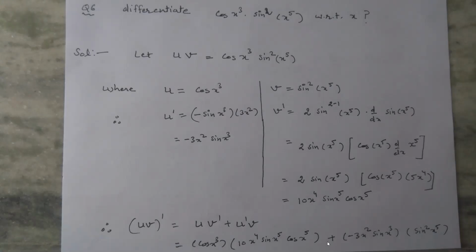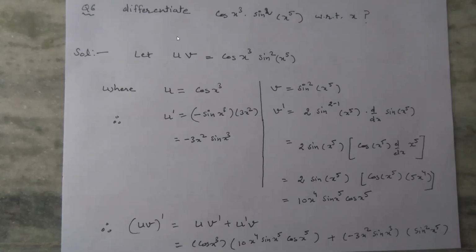This is the plus sign. Next is u dash, which is minus 3x square sine of x cube, into v, and v is sine square of x raised to power 5. So this is the final answer. Question number 6 is complete.